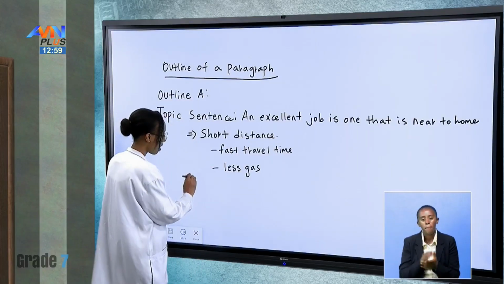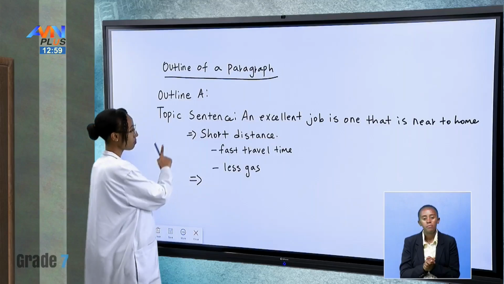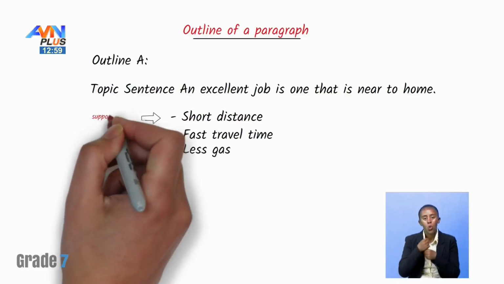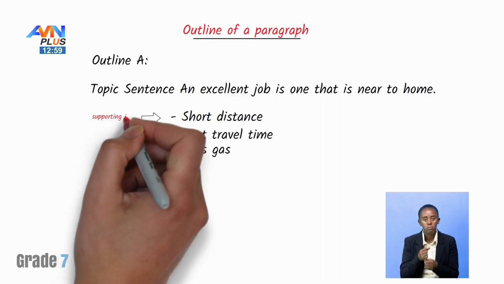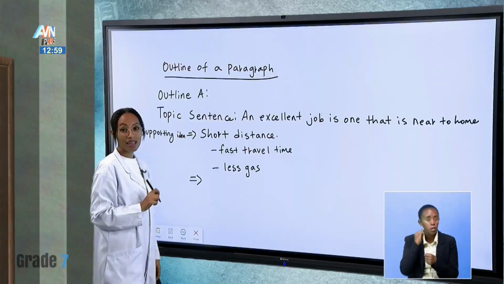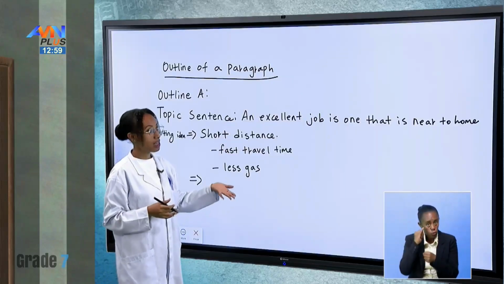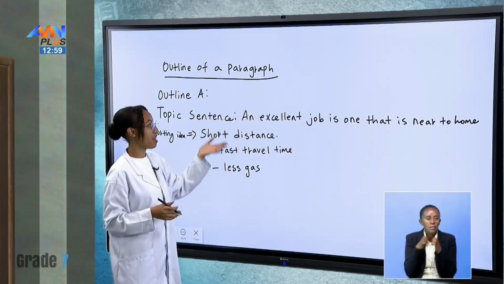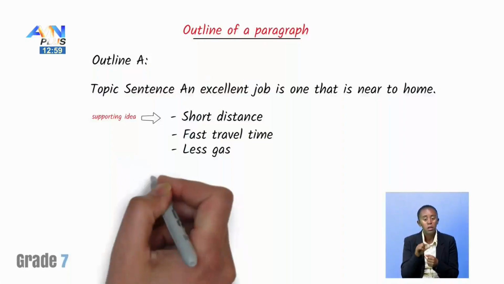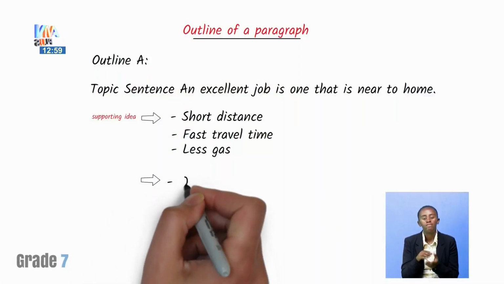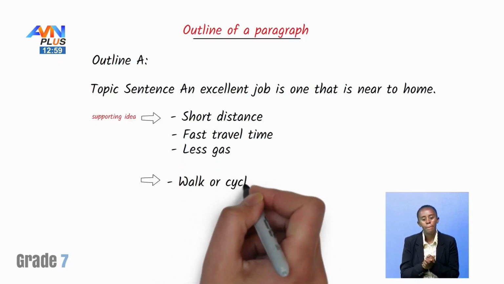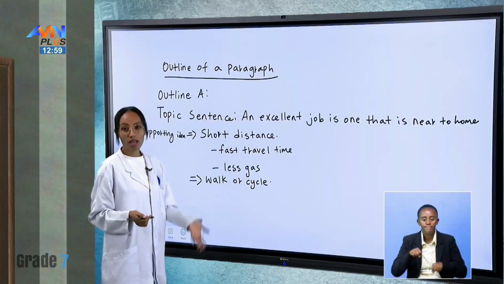The other outline you could talk about, so these are supporting ideas, okay? This is your topic sentence, and in supporting ideas, you have this. The other we could talk about is walking or cycling.